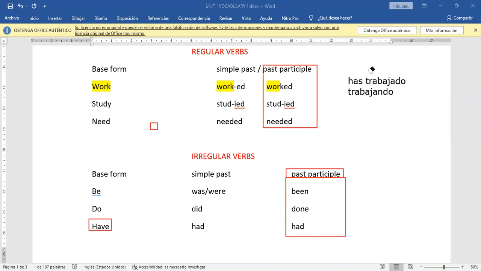Okay, yeah, you're near. It's possible, but it's not worked. And it's not ando, endo. No. What do they mean? ¿Trabajaste? No. Trabajo. No.